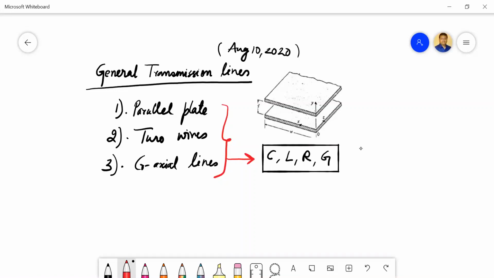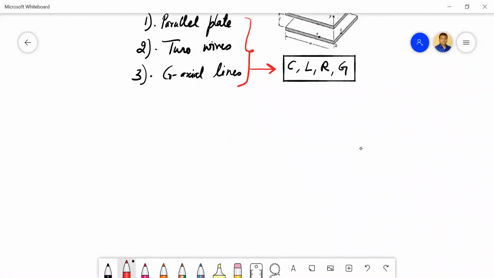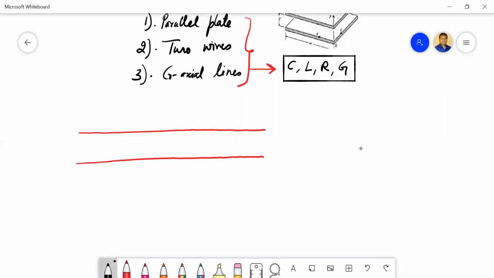We have seen it in the last class. So let us take a transmission line. I'm drawing here a two-wire transmission line. Correct? And let us consider this is infinitely long.